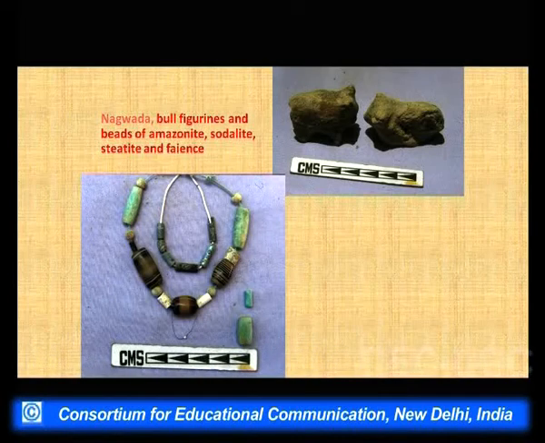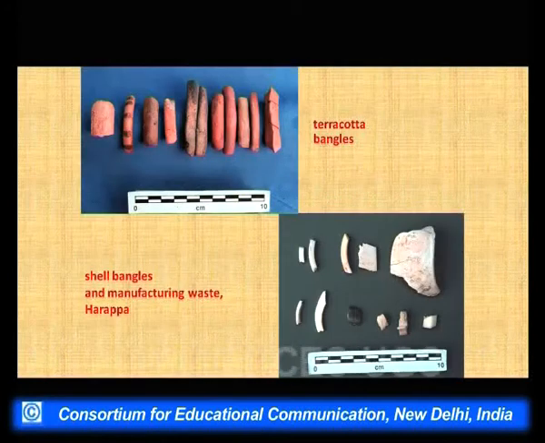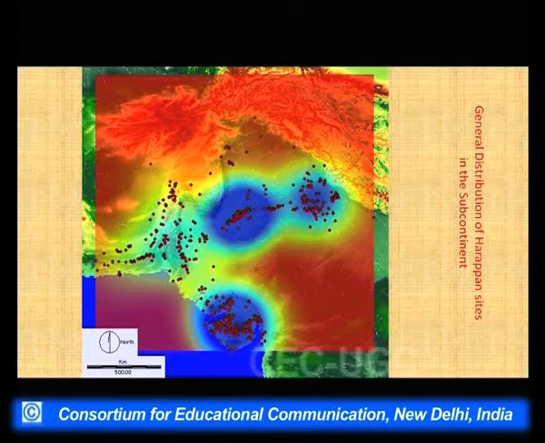These are extremely small, they can make holes of less than a millimeter. Other decorations that we talked about in the beginning, as you could have seen on the dancing girl, are bangles, ornaments such as shell bangles, bangles made out of shell and out of terracotta.